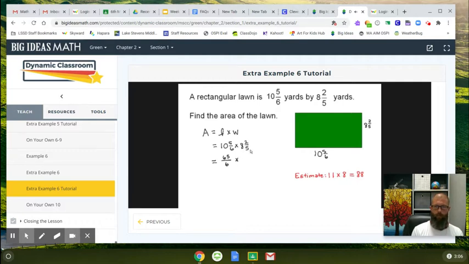So our denominator is 5. So 10 5/6 times 8 2/5 is equal to 65/6 times 42/5. To multiply two fractions, you multiply the numerators, which is 65 times 42, and multiply the denominators, which is 6 times 5.